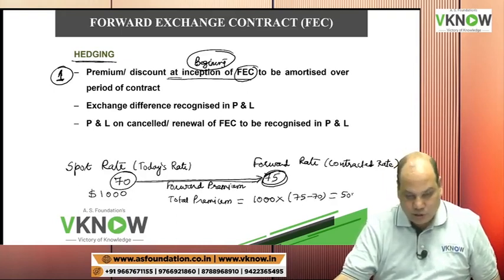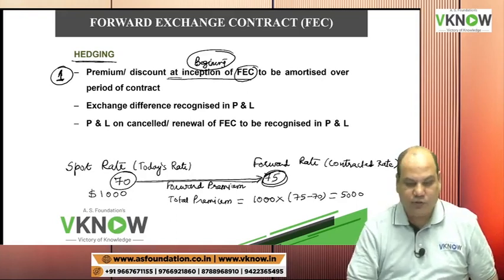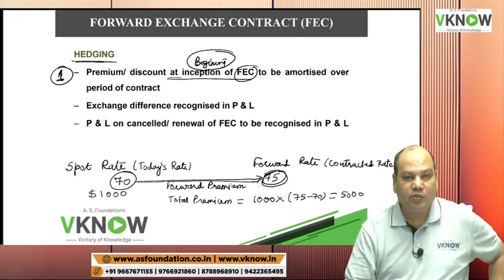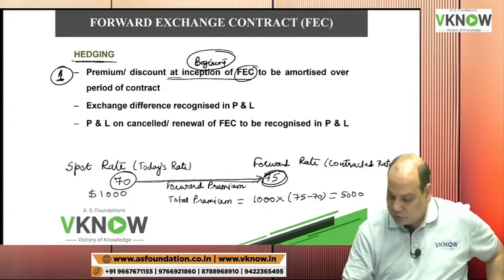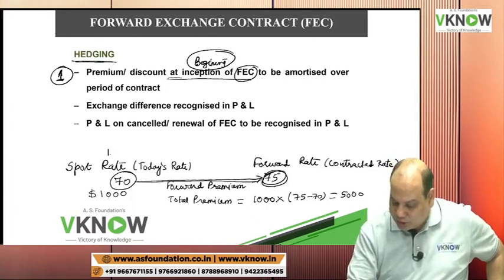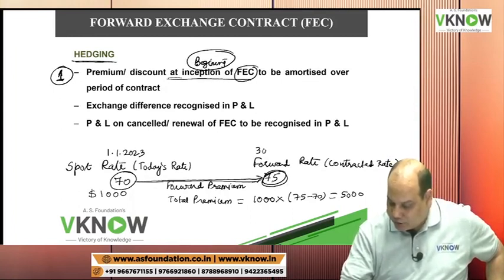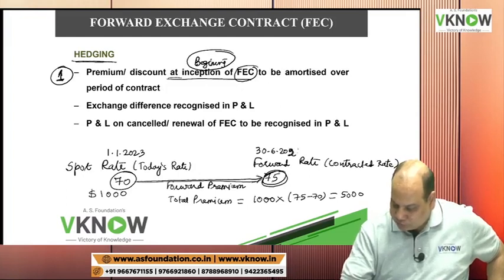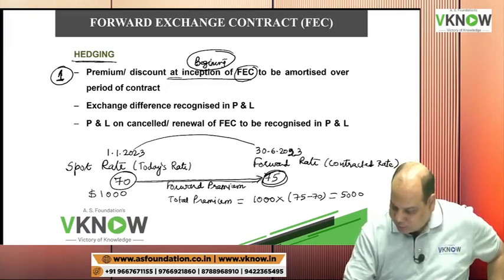So the total premium is 5000. And suppose today the date is 1st January 2023. The forward contract date is 30th June 23. So this gap is 6 months.